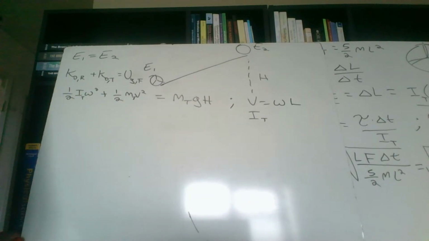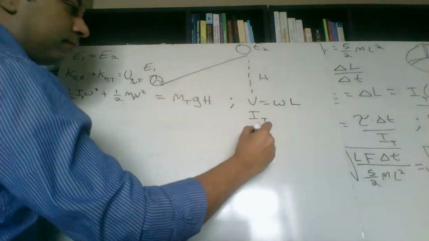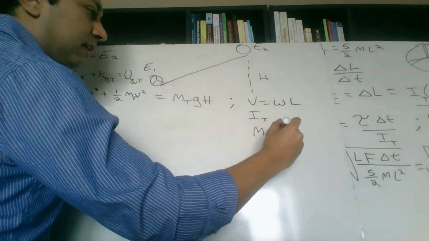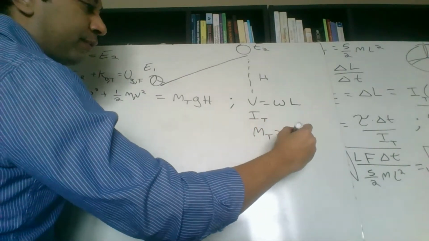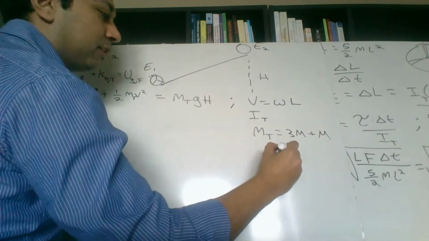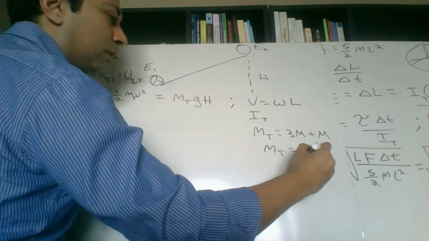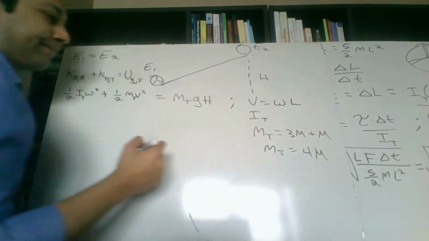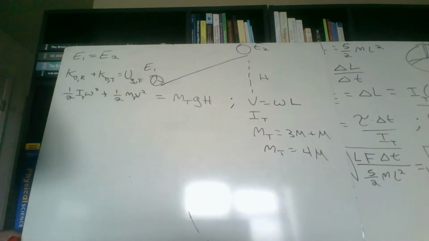And is there anything else? M total is equal to the 3 spokes mass plus the mass of the hoop. So M total is equal to 4 times big M. And so you can clean up now.